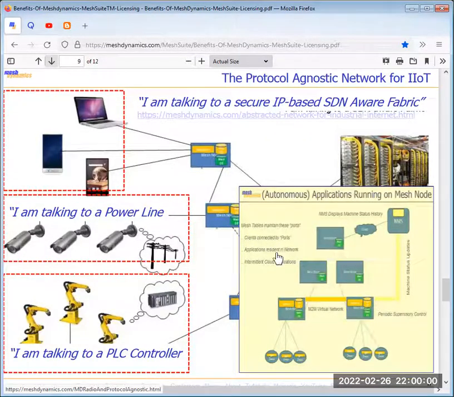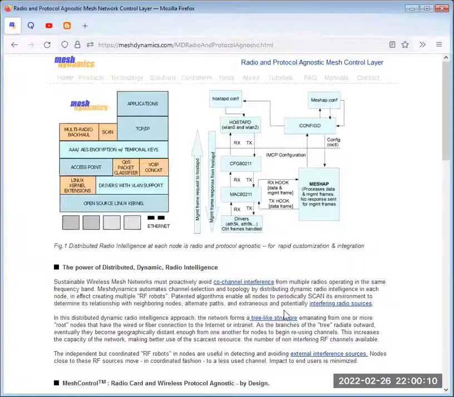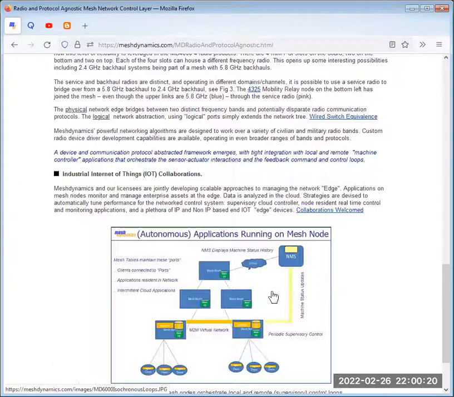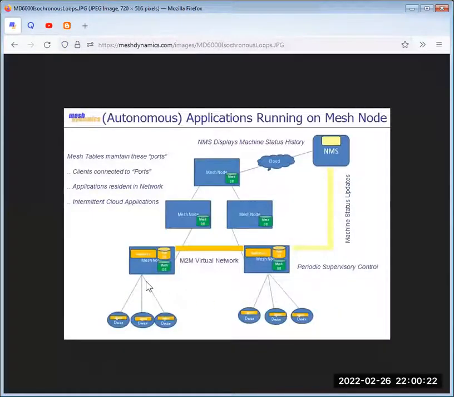So you have these autonomous nodes acting as translation devices. These guys don't actually know that they're talking eventually to an IP backbone, and the reason is that you've got a framework which is radio and protocol agnostic. This is the mesh control layer, and this was essentially the slide that we were talking about.